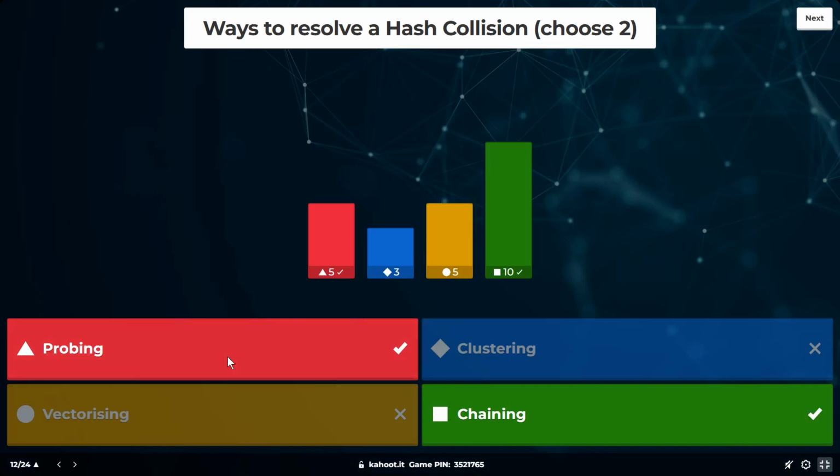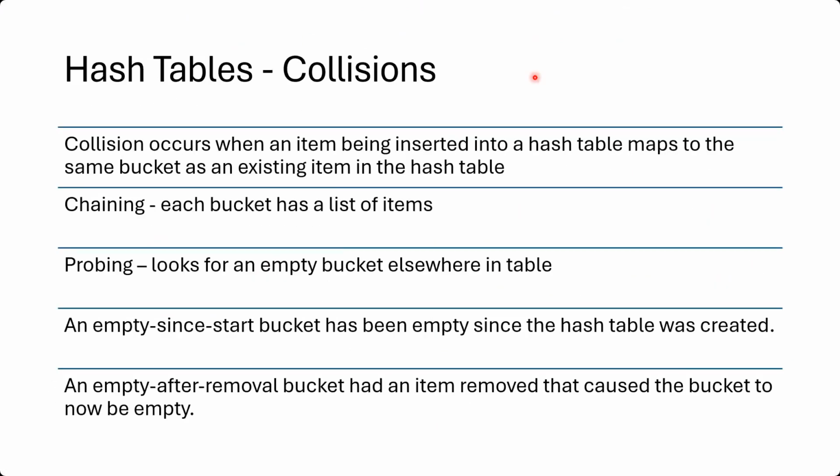Yeah, chaining and probing. Back to our slides here. So collisions. What is a collision? It's when an item being inserted into a hash table maps to the same bucket as an existing one. When this happens, you can resolve this with a couple different procedures.